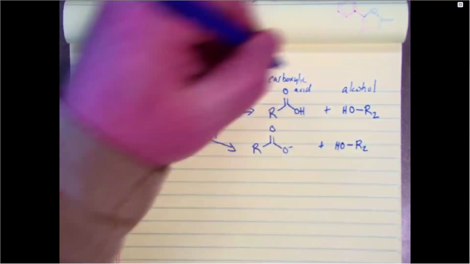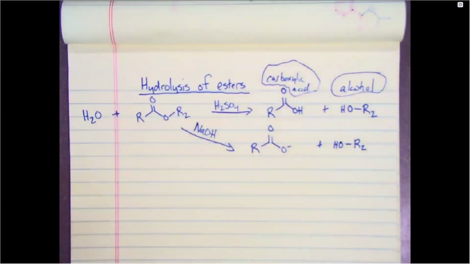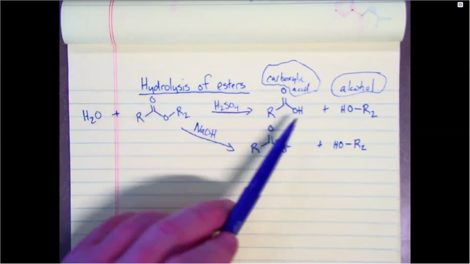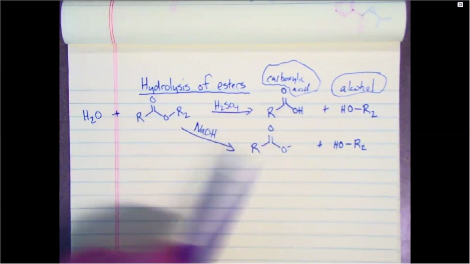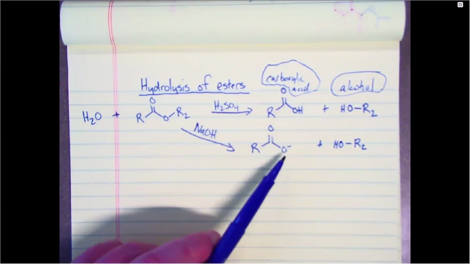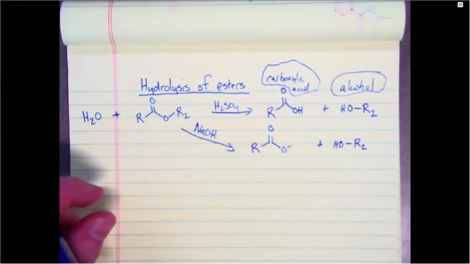So when you're starting to learn about these hydrolysis reactions, remember that whenever we hydrolyze an ester, we're getting back our carboxylic acid and our alcohol. It just looks a little different depending on how we do the hydrolysis. In acidic conditions, there are plenty of H pluses around so that our carboxylic acid has its H plus attached. In basic conditions, we know that carboxylic acids lose their H pluses. So that's why this carboxylic acid doesn't have one anymore, because of the base.